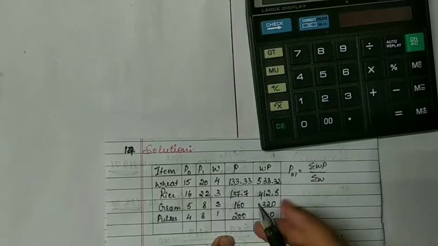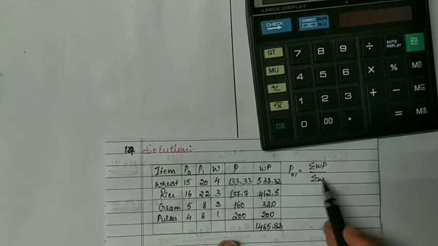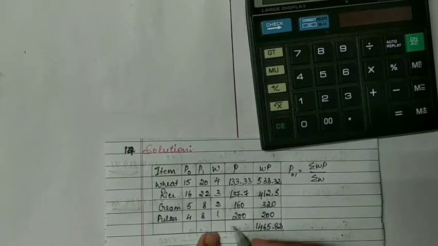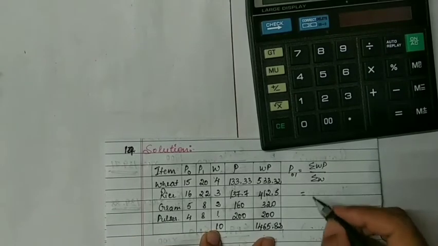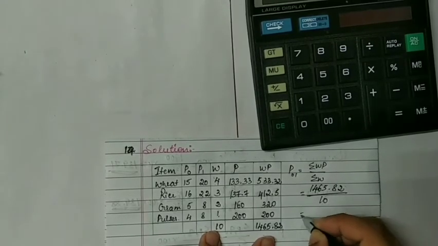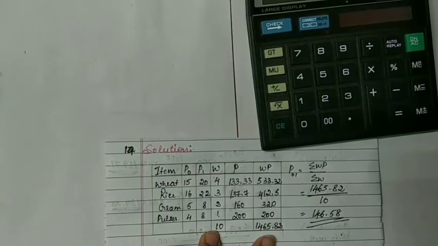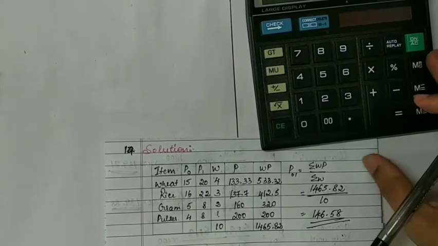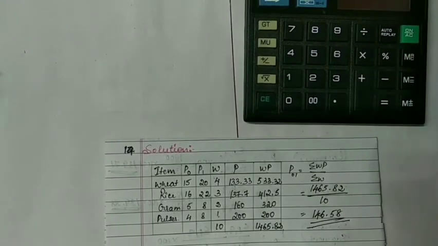Summation WP is 1465.82, and the total of W, that is summation W, is 10. Let us apply this into the formula: 1465.82 divided by 10, and the answer is 146.58. That's it. We are done with calculation of weighted average of relatives on the basis of arithmetic mean.